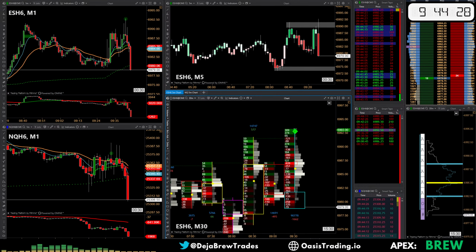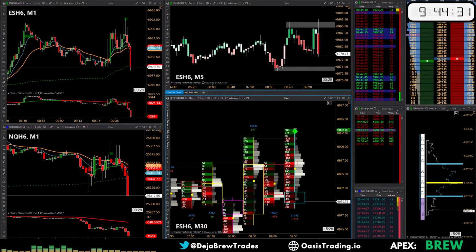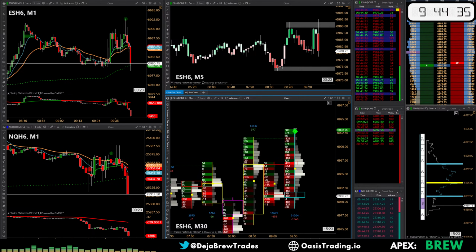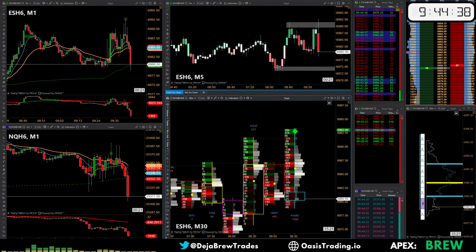Nasty sell-off here. Keep an eye on VWAP, breaking VWAP pretty aggressively on NASDAQ, but you are testing it on ES, so you're still holding it potentially.